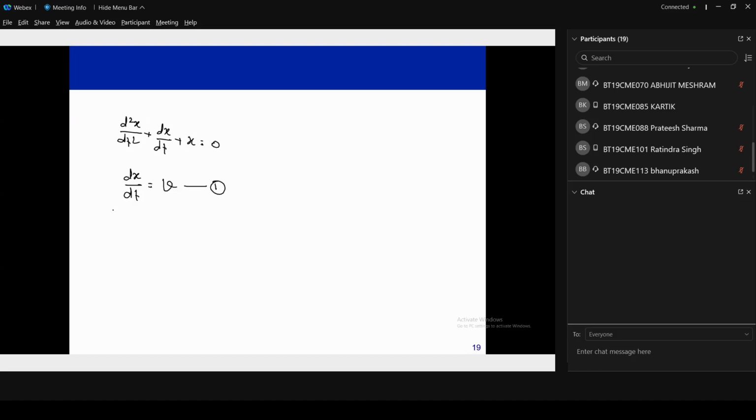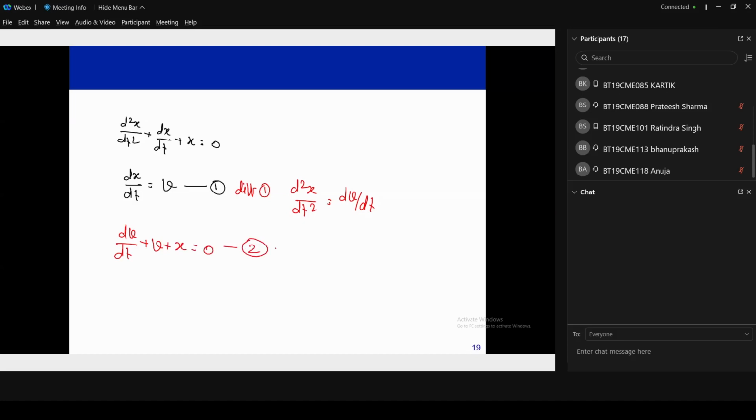Then we convert these equations by substituting the dummy variables. If I differentiate equation 1, I get d2x by dt square is equal to dv by dt. I substitute this here. So the first term becomes dv by dt, the second term dx by dt is v, and the third term x is equal to 0. This is my equation 2.